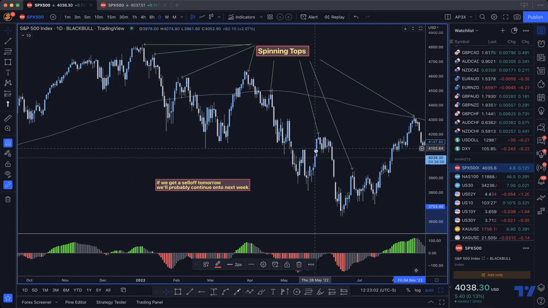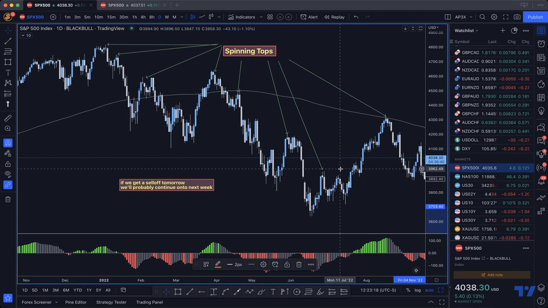Now, like I said, there's plenty of these spinning top examples here. Some of them better than the others, but usually when you get a spinning top followed by a nice bearish bar, you get at least some type of sell off and a follow through. Every single time.